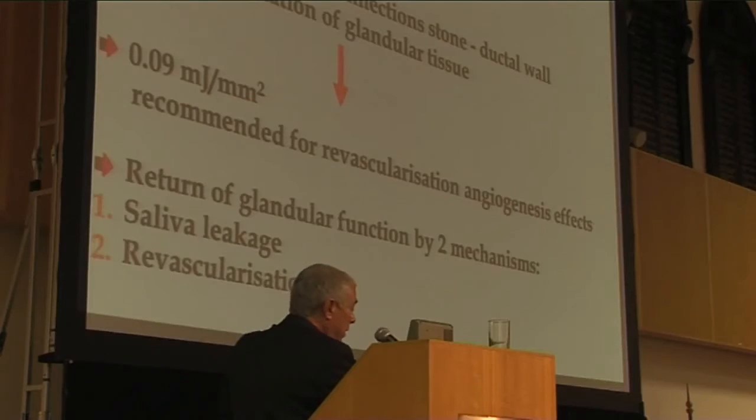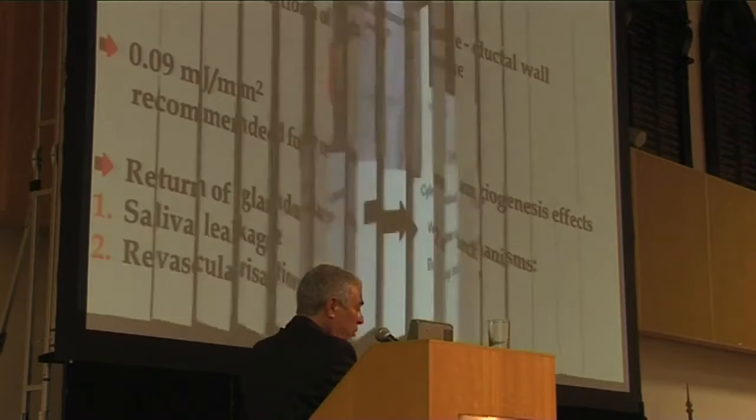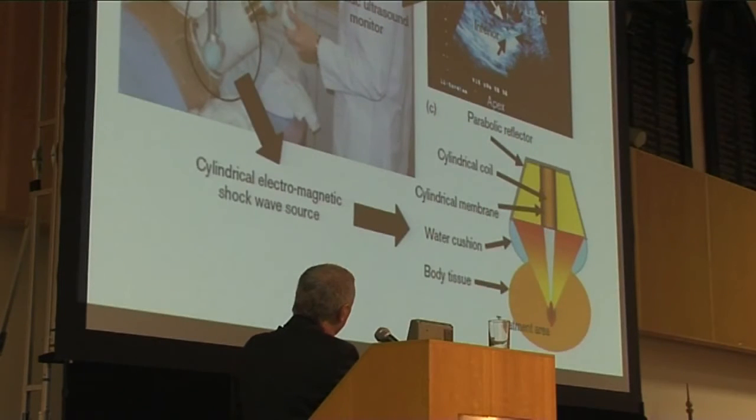And we use it as an adjuvant technique. We use low levels of energy, 0.09 millijoule per millimeter square. And we have two mechanisms: detachment of the connection of the stone to the ductal wall, and revascularization of the glandular tissue. And this is well known in cardiology.